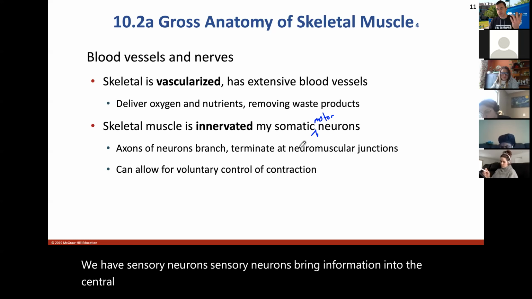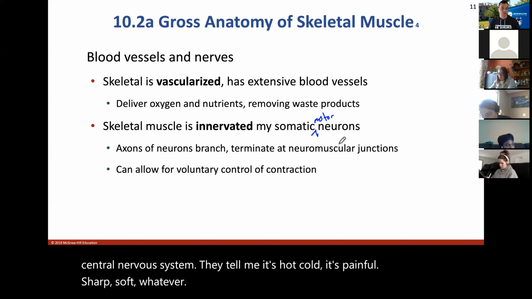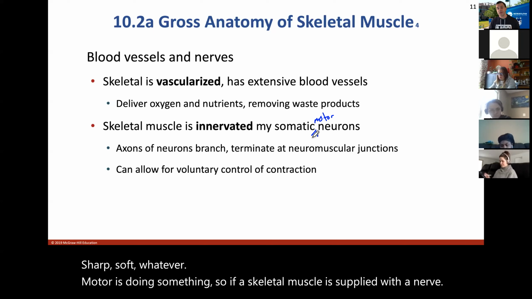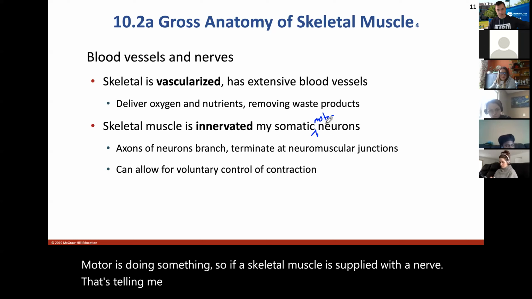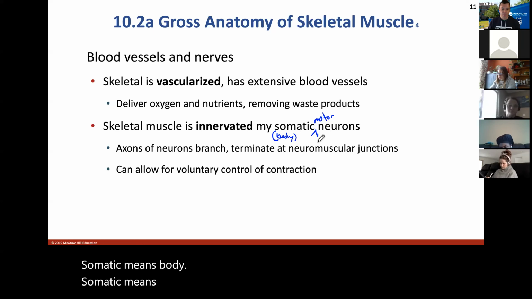They tell me it's hot, cold, painful, sharp, soft, whatever. Motor is doing something. So if a skeletal muscle is supplied with a nerve, that's telling me it is motor, because skeletal muscles contract. Somatic means body. And this is stuff that you control.